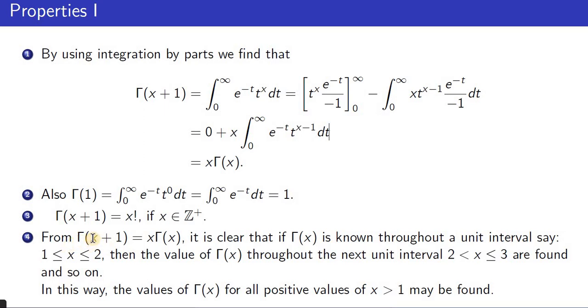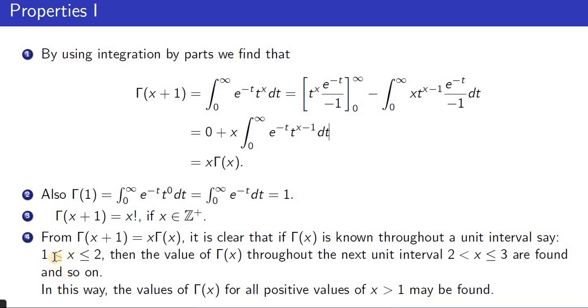Now from the observation that gamma of x plus 1 is equal to x into gamma of x, it is very clear that if gamma of x is known for the interval 1 to 2, you can easily find gamma of x for any value between 2 and 3. Why is it so? Because if you know the values of gamma 1.1, 1.2, etc., then you can easily say the value of gamma 2.1, gamma 2.2, etc. Because gamma of 2.1 is nothing but 1.1 into gamma 1.1.